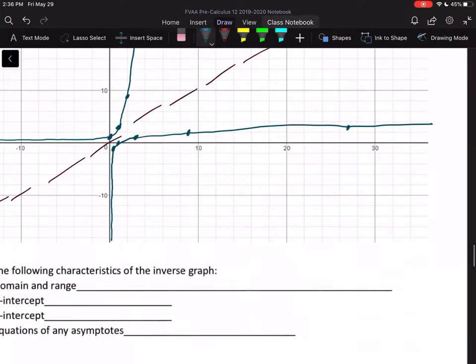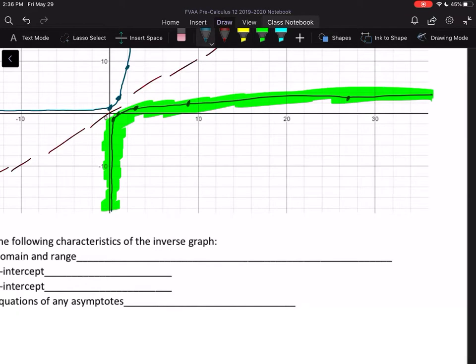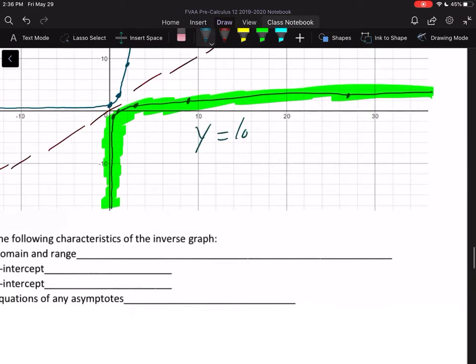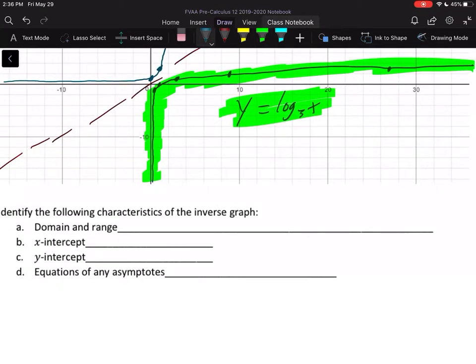All right, so now some characteristics of the inverse graph, the log graph specifically. This is the one that we're answering these bottom questions for, y = log base 3 of x. So here, domain and range. For the domain, x is greater than 0.